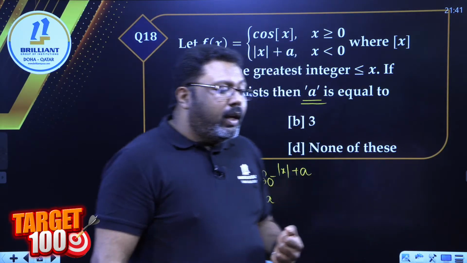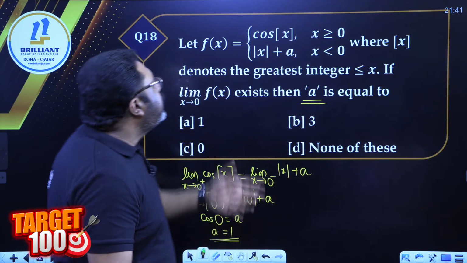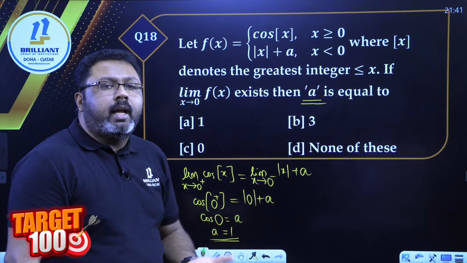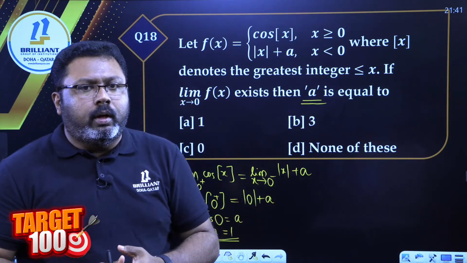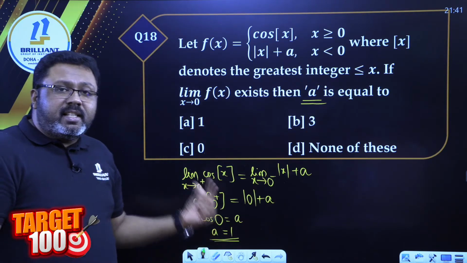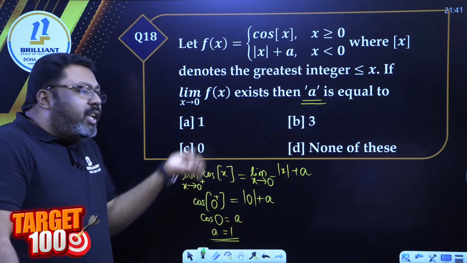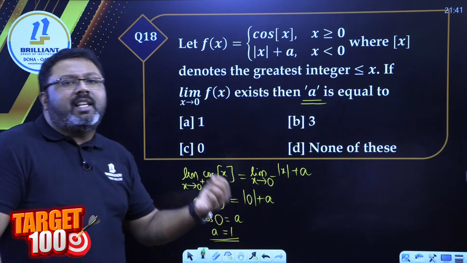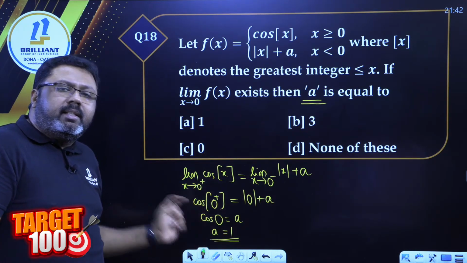Only 2 of you gave the answer, because I believe you did not even try to answer because you saw greatest integer modulus. This is something which scares everybody of you. Don't be scared. When you're looking at the greatest integer, decide, am I trying to put a value of x which is slightly more than that integer or slightly less than that integer? If you put slightly more than 0, it is still 0.